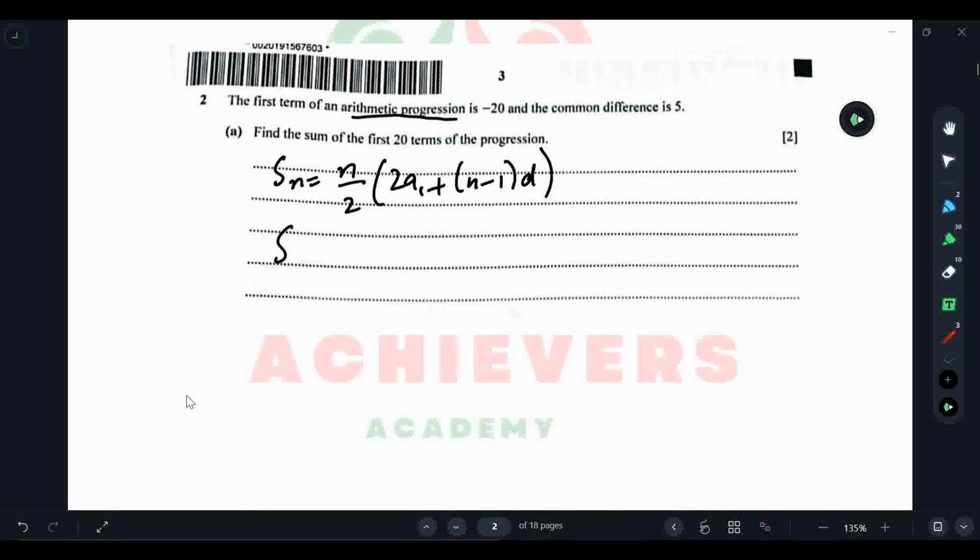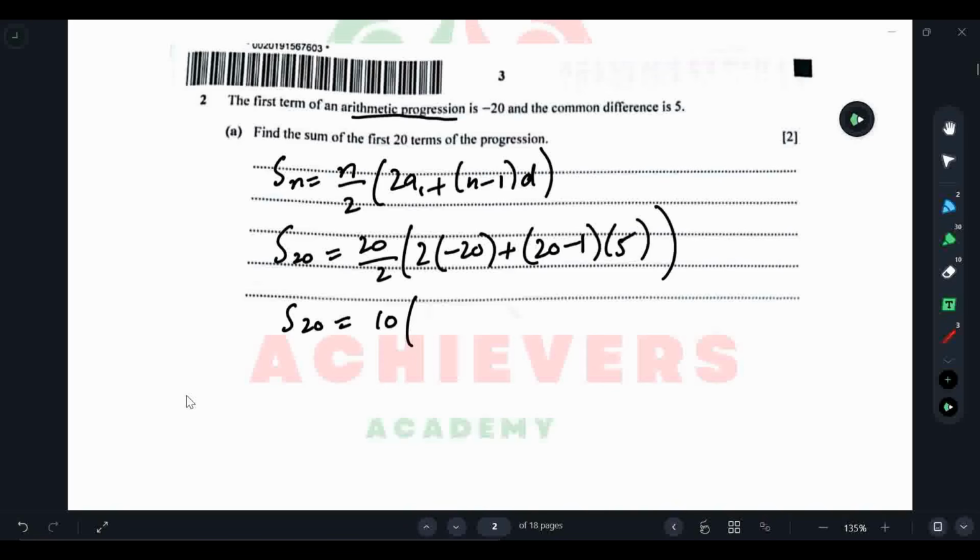So sum of first 20 terms means 20 by 2 into first term is minus 20 plus n is 20 minus 1 and difference is 5.